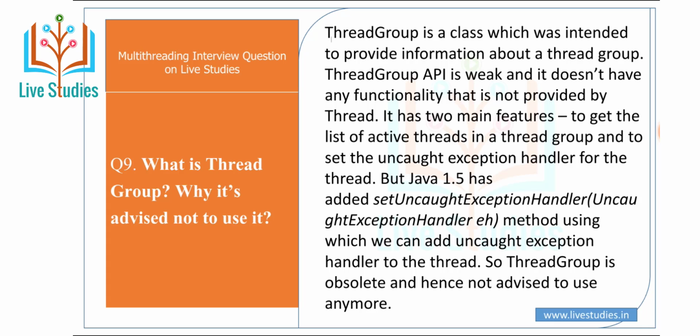But Java 1.5 added the setUncaughtExceptionHandler method, using which we can add an uncaught exception handler to the thread. So thread group is obsolete and hence not advised to be used anymore.